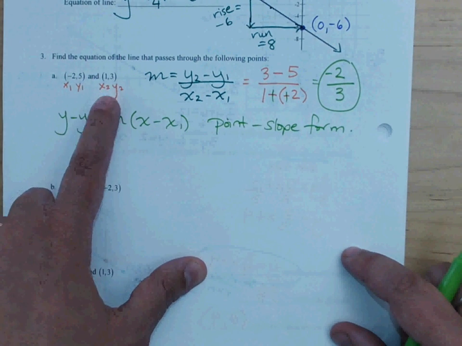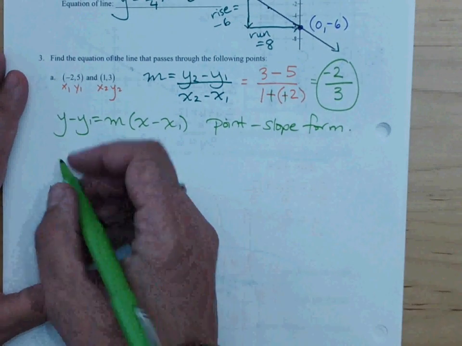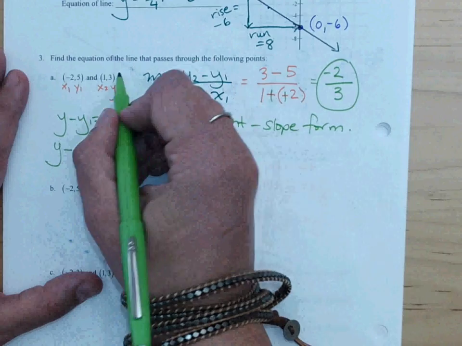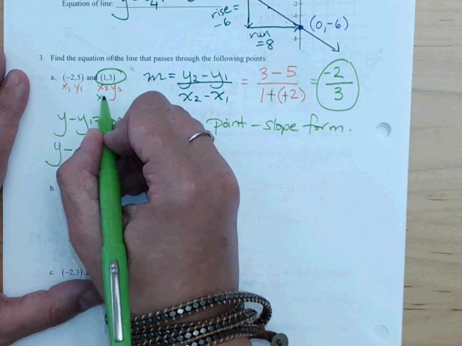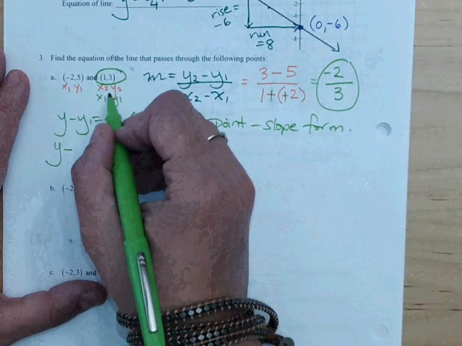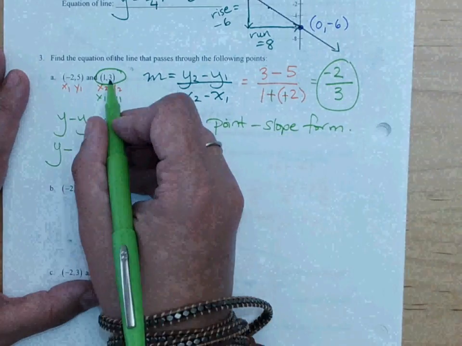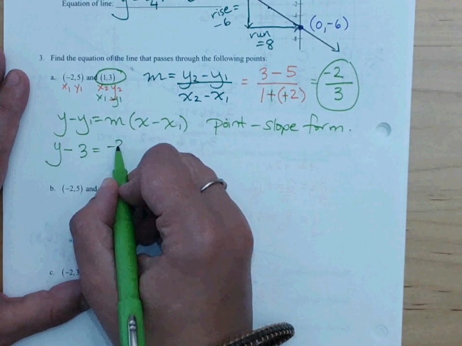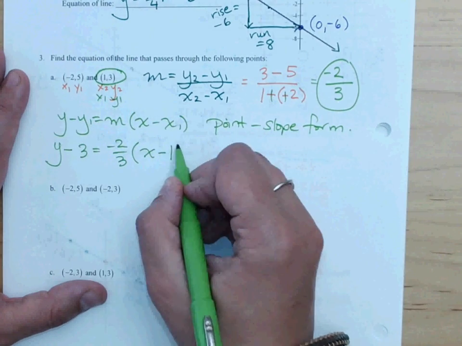I can take the second point, just one of the points, and plug it in, and the slope. So we have the m. So we're going to have y minus, in fact, since these are both positive, I'm going to use this point as my x1, y1 for this example. Y minus 3 equals negative 2/3 times x minus 1.